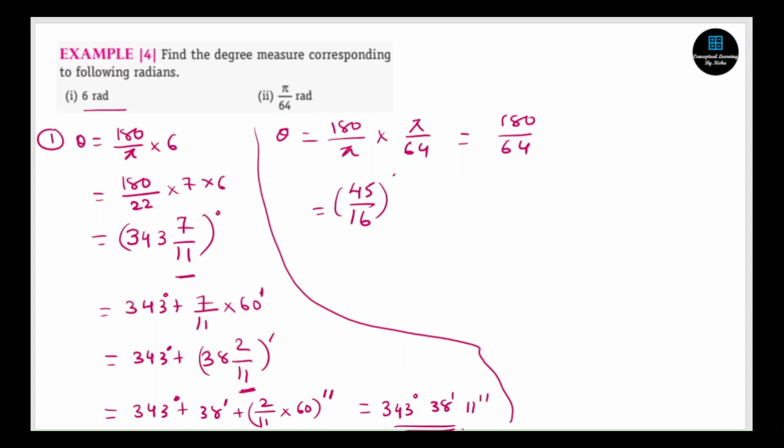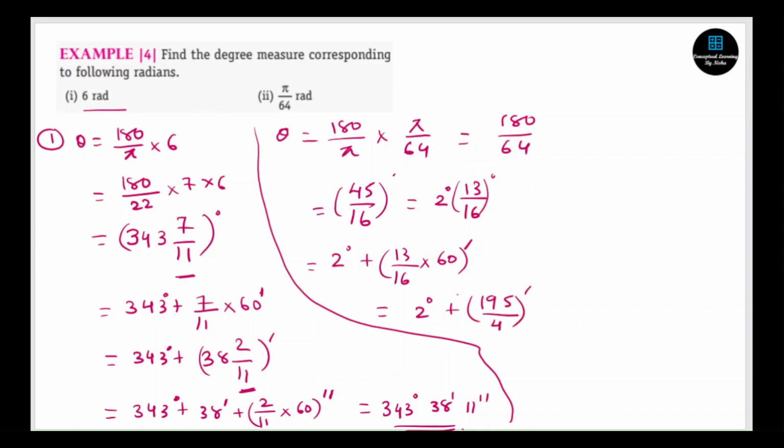Now I'll write this as 2 whole 13 over 16, right? So these are in degrees. Now 2 degrees plus 13 over 16 times 60 minutes. We are writing in terms of minutes. When I simplify, 2 degrees 195 over 4 minutes.